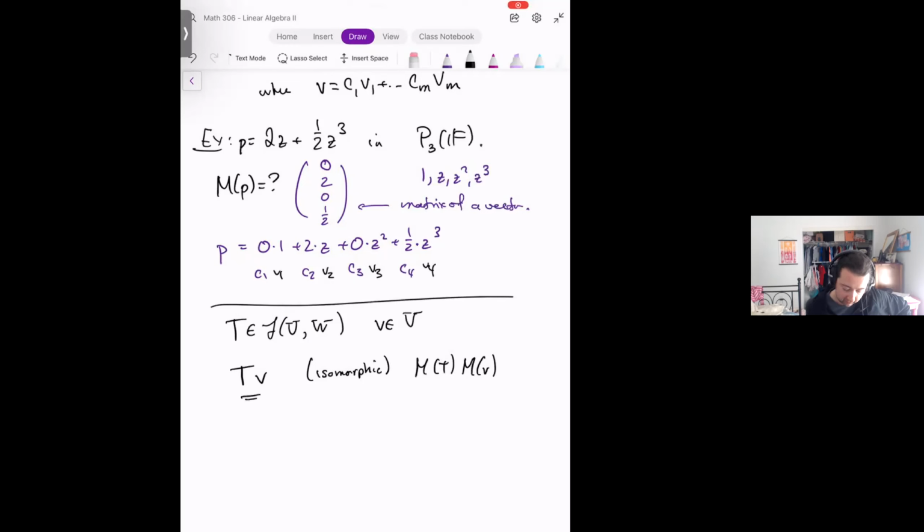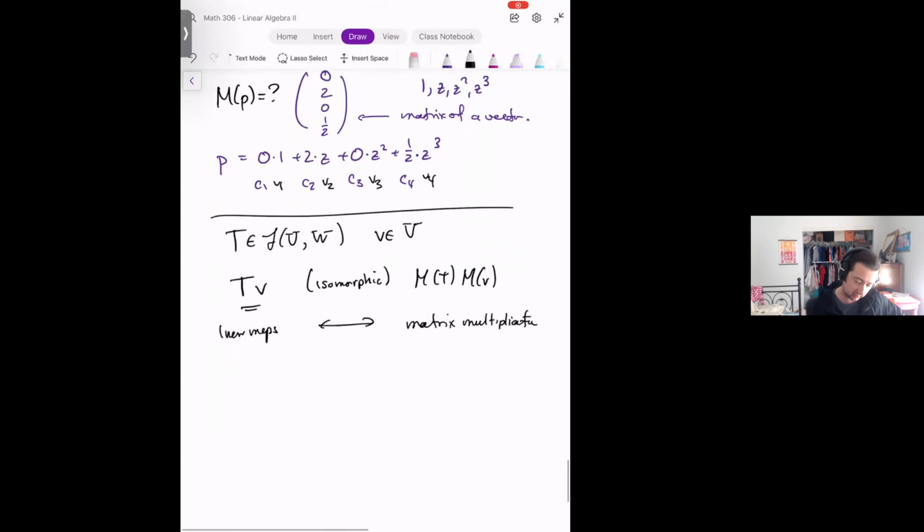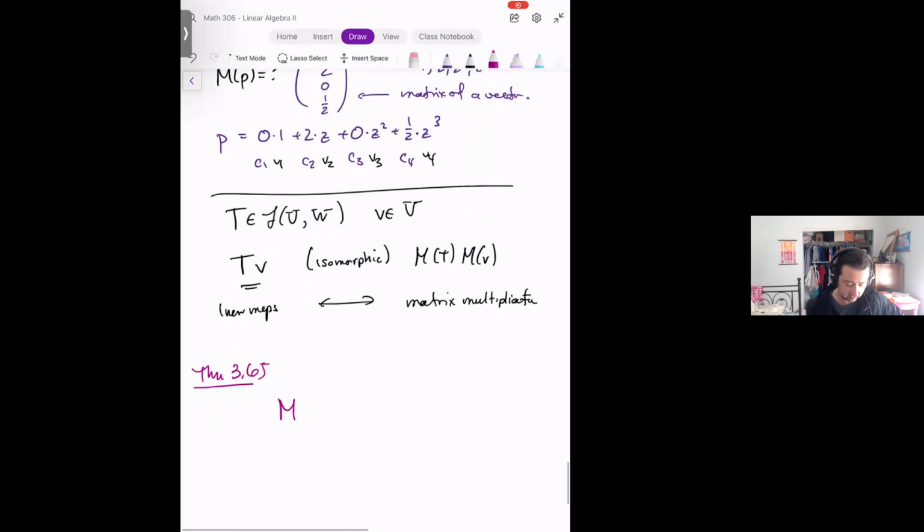So linear maps turn into matrix multiplication. And that's the big deal when you're looking at, say, theorem 3.6.5, which says the matrix of a multiplication like this is equal to the matrix of the operator times the matrix of the vector.